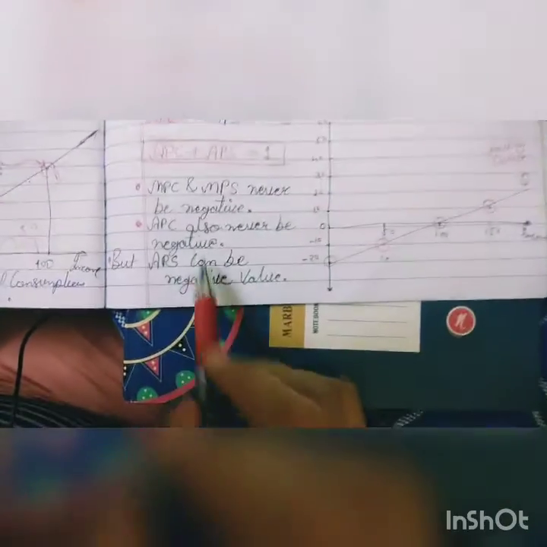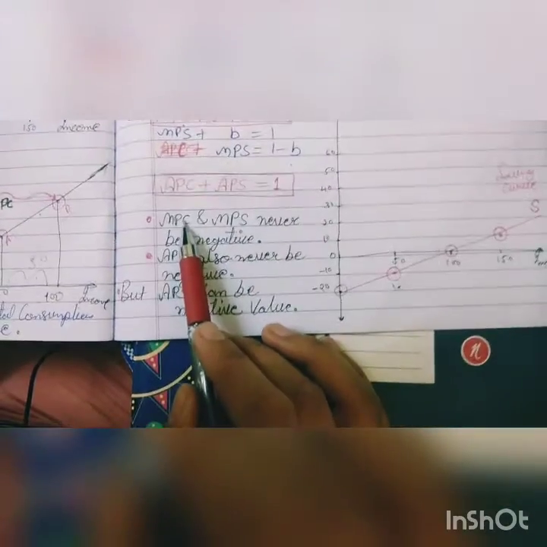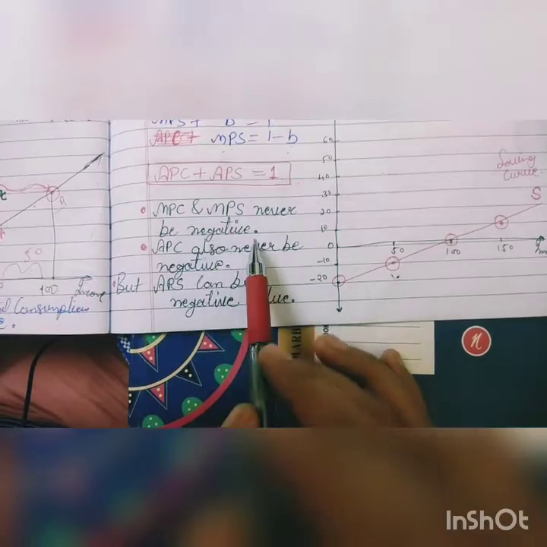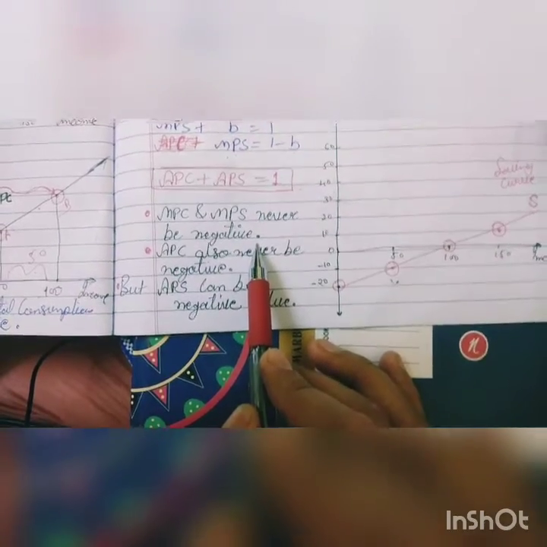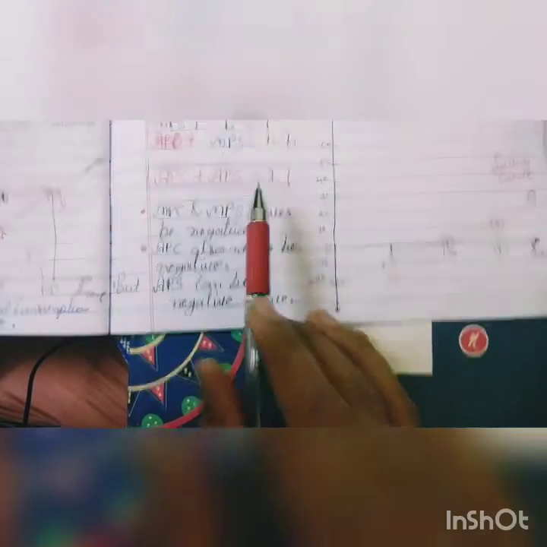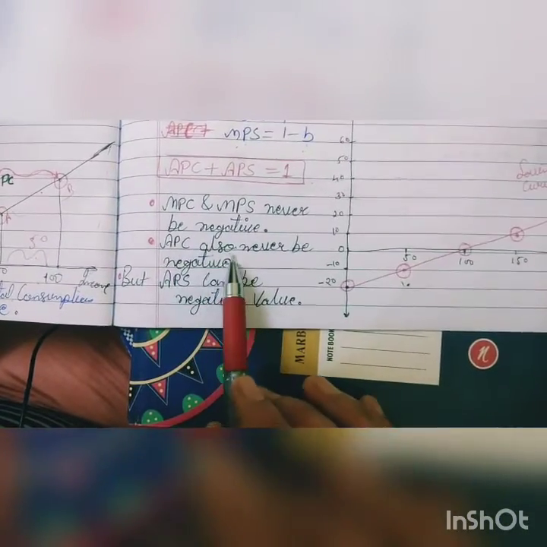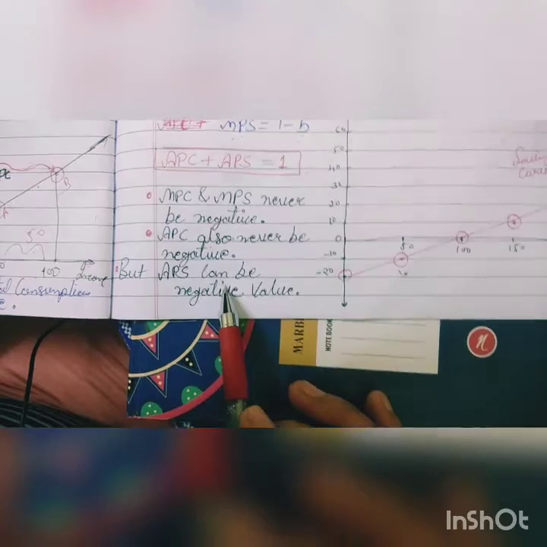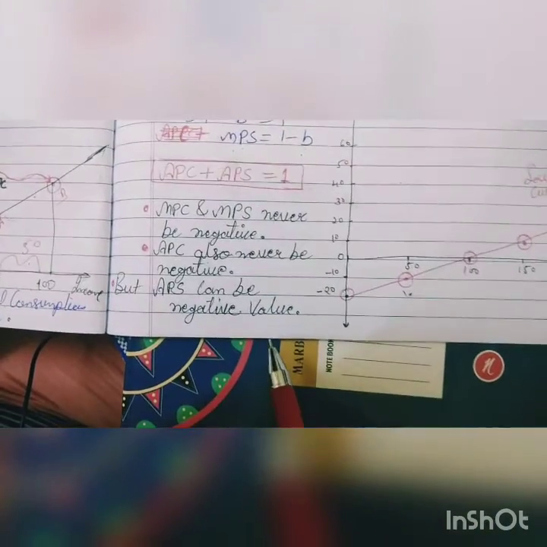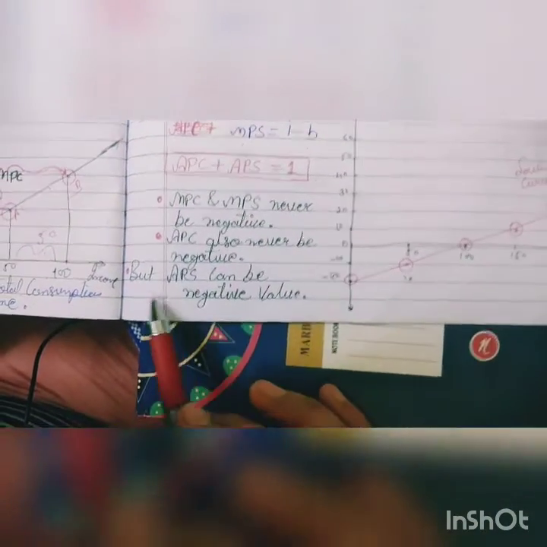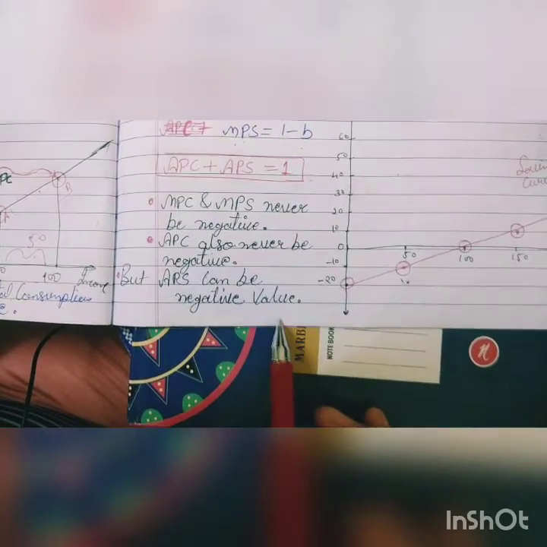Okay. Now see some important points. MPC and MPS are never negative, because both always add up to 1. And APC is also never negative, right? Because we always consume some goods and services. But APS can be negative.